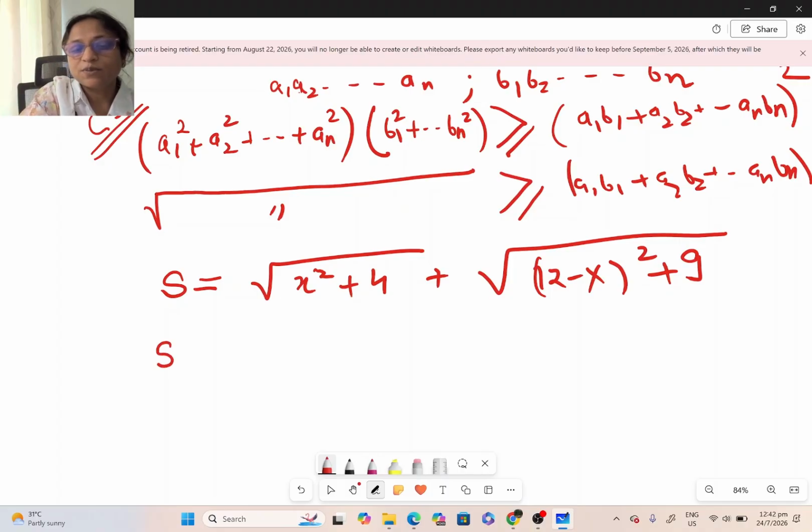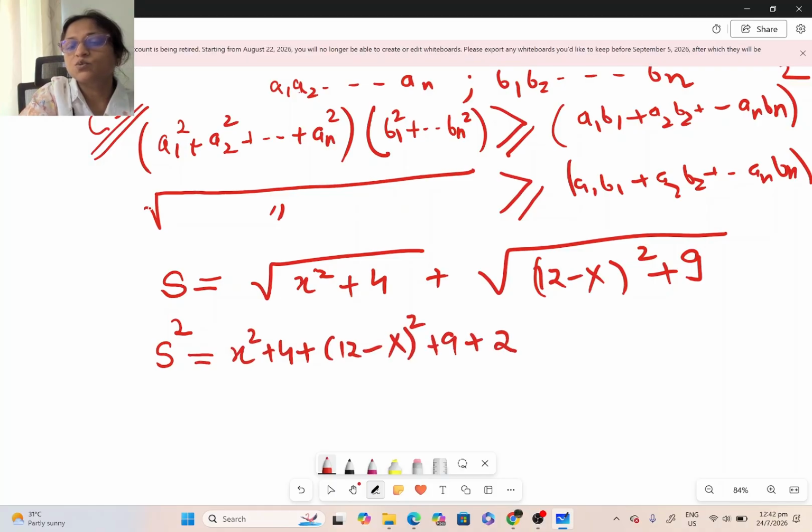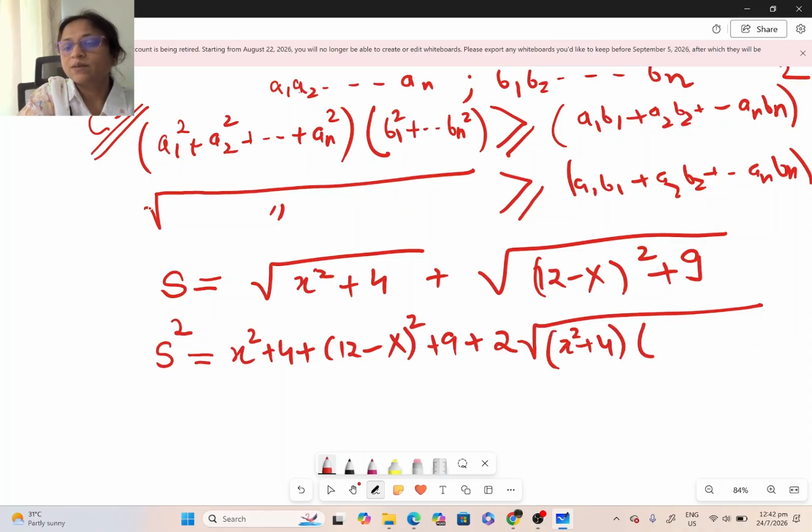So let me just square it. If I square it, I will get a² + b² + 2ab. So x² + 4 + (12 − x)² + 9 + 2 under root (x² + 4) times ((12 − x)² + 9).